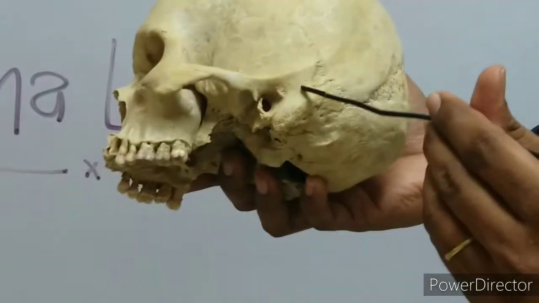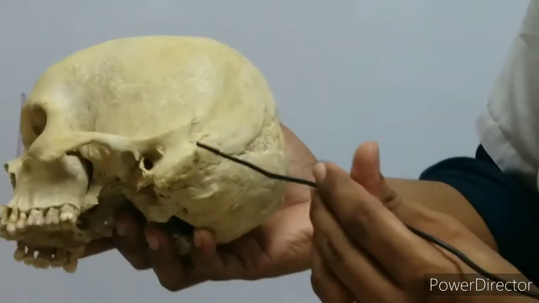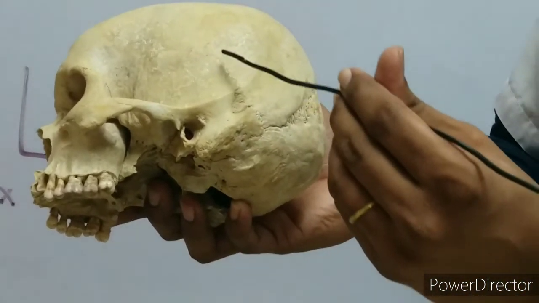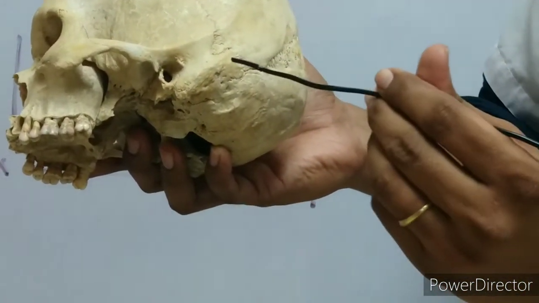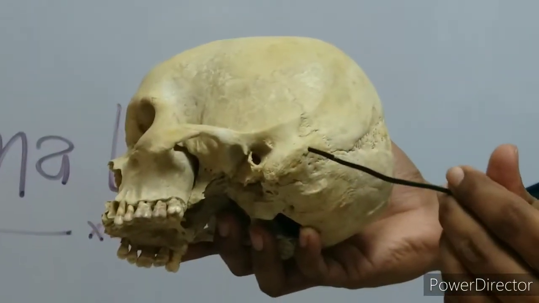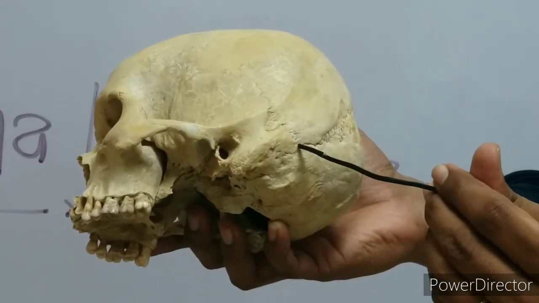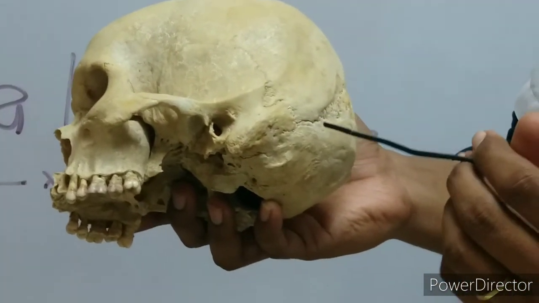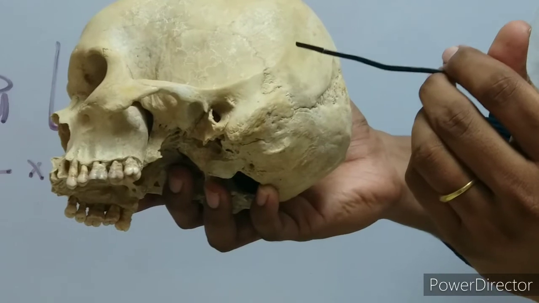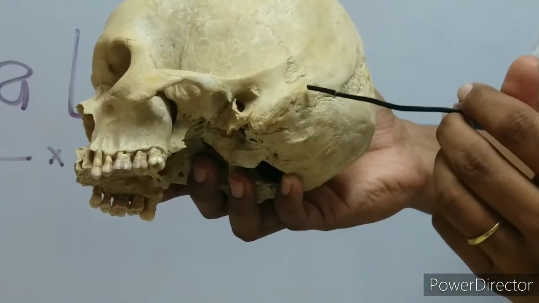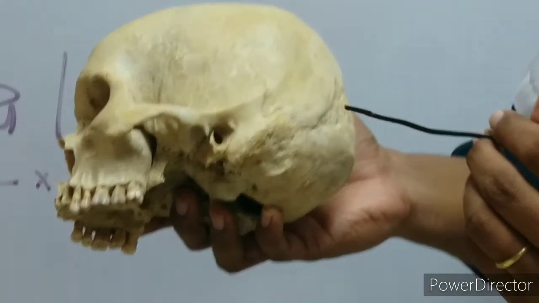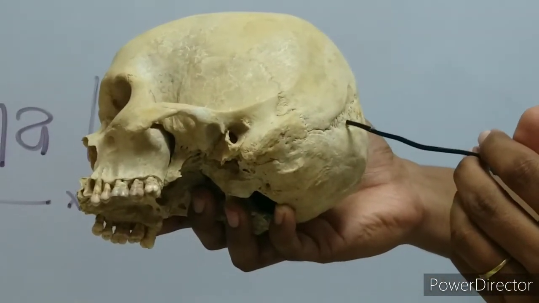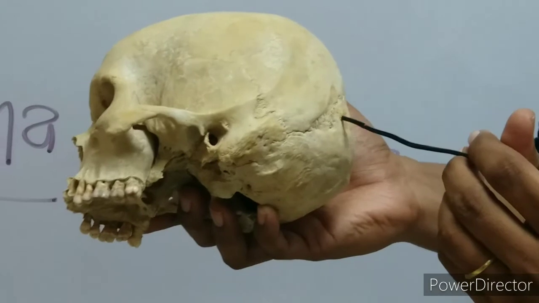Okay, now you can see this portion is the meeting point of the first, the occipito-mastoid suture, second, the parieto-mastoid suture, and third, the lambdoid suture. Okay, so this is the lambdoid suture.